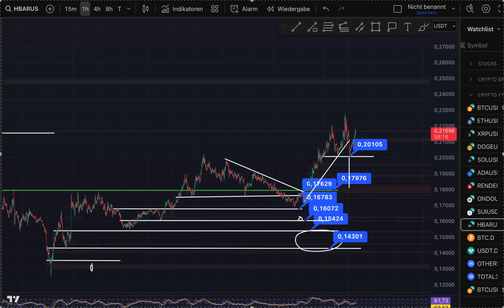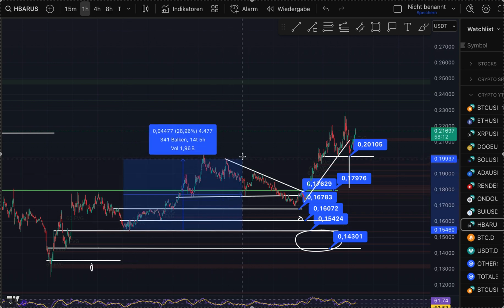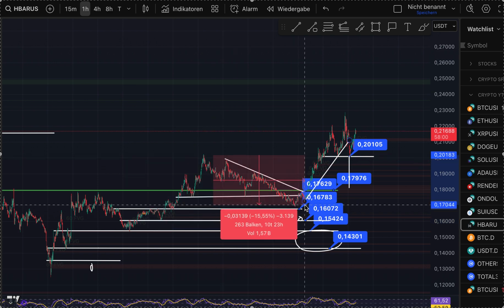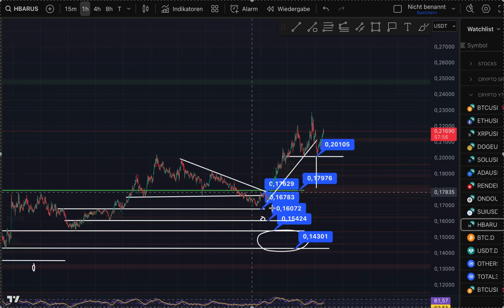Then we can say, okay, from the push from, let's take this one here afterwards, to the top we got another 30%. So the first one, let's say, was 45%. This push is now 30%. Afterwards, we got a correction of 15%.